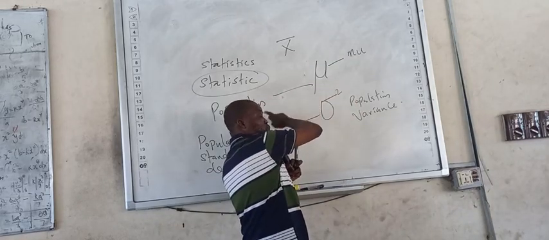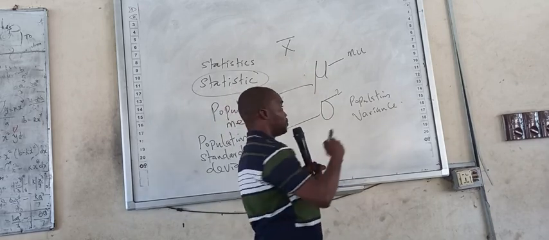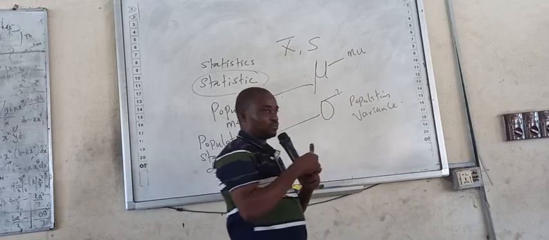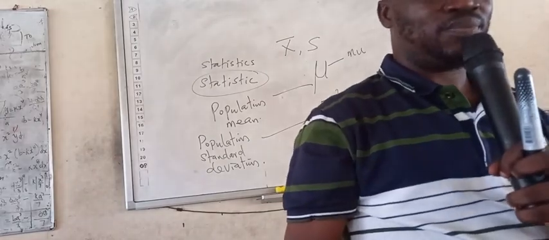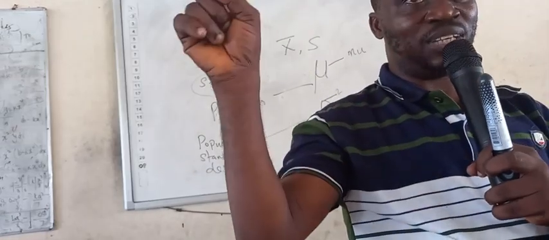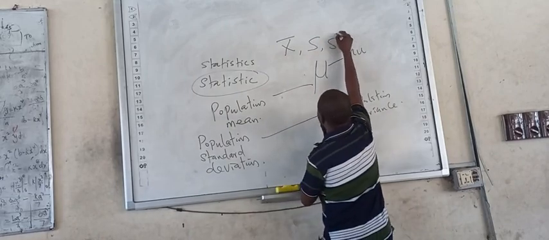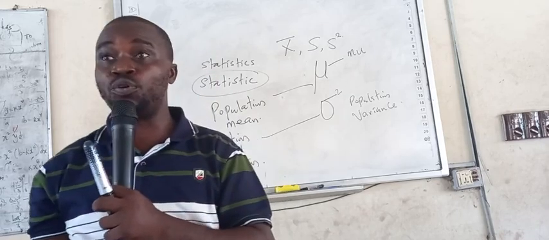This is population mean, while this is a sample mean. Another one is S. What does this one stand for? Standard deviation. Sample standard deviation. How about S raised to power 2? Sample variance. Please, you must put the adjective.